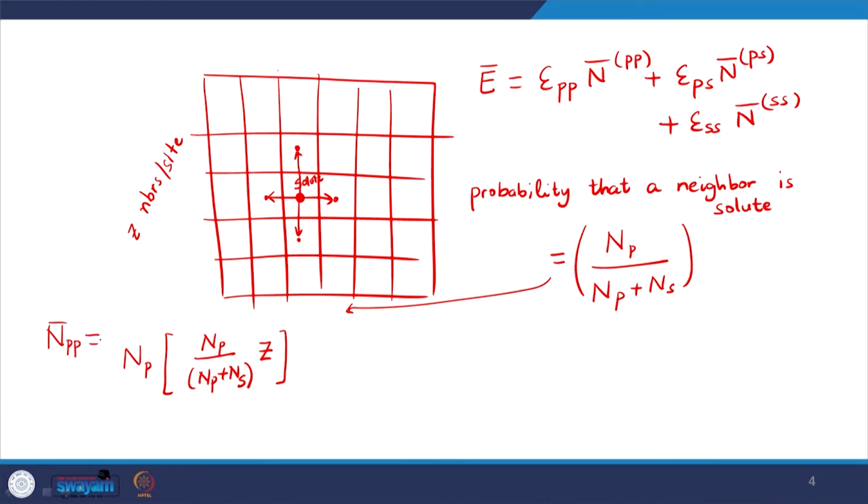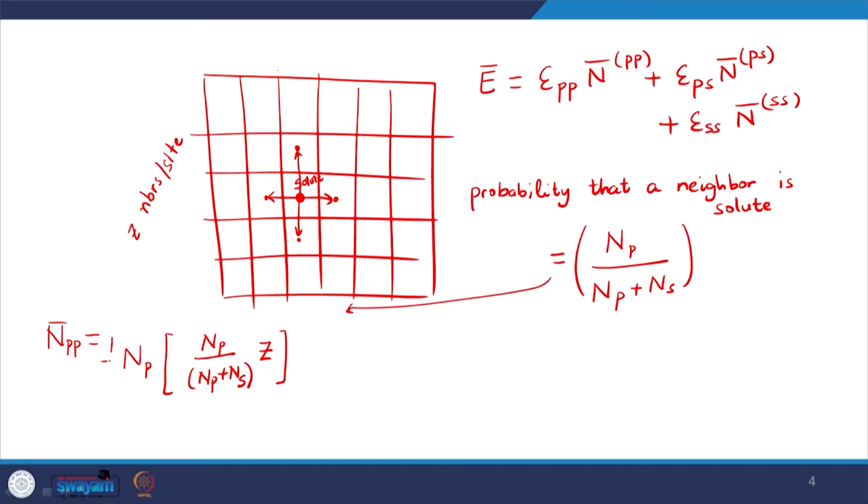Now, when we are doing that, we are going over every solute molecule and multiplying with the probability that the neighbor is a solute. So, clearly we will double count the contacts in this way, because every contact will have two solute molecules. Since I am counting over all the solute molecules, we will basically be counting every contact twice. So, therefore, we will divide this quantity by 2.